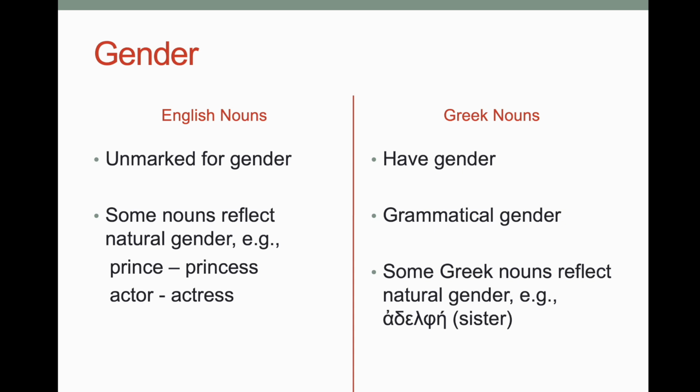That is, the noun itself is gendered, and that really has no relevance to the gender of the person or the thing or the object in the real world. Now, there are some Greek nouns that do reflect natural gender, such as the word for sister, adelphe. But by and large, Greek nouns are grammatically gendered.